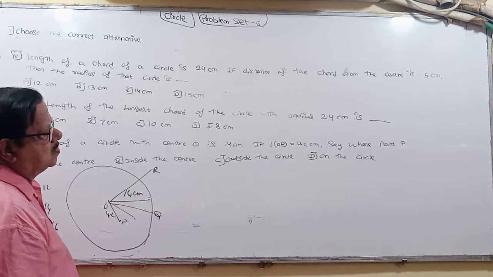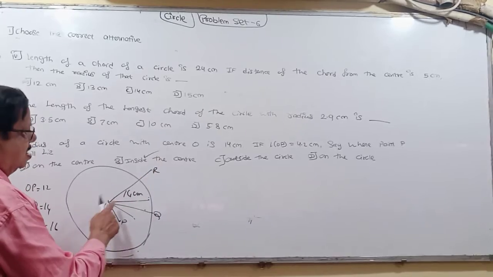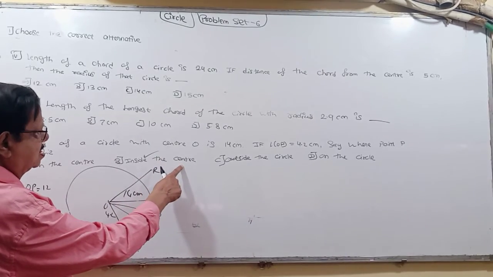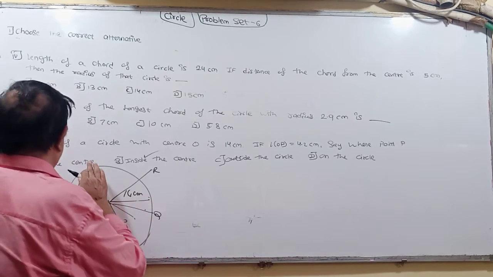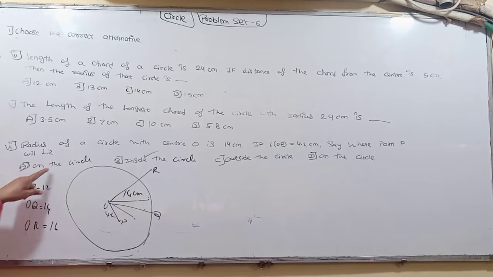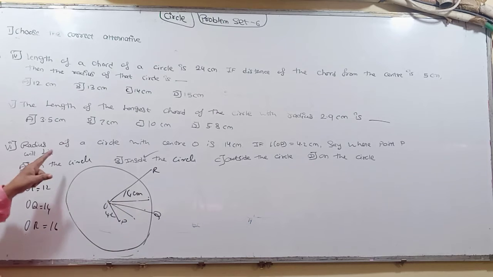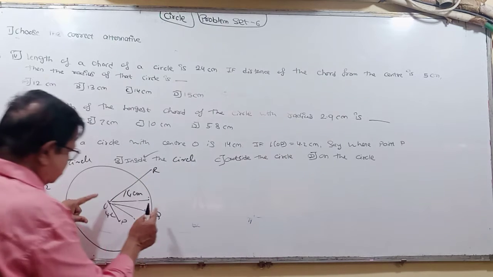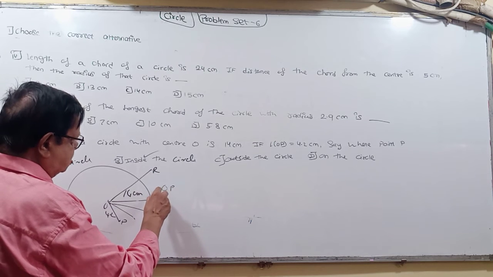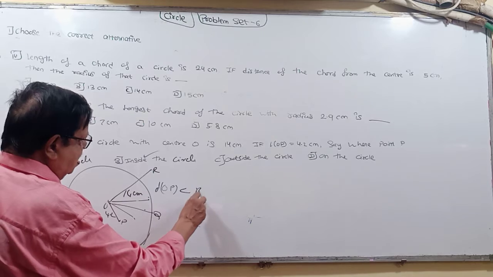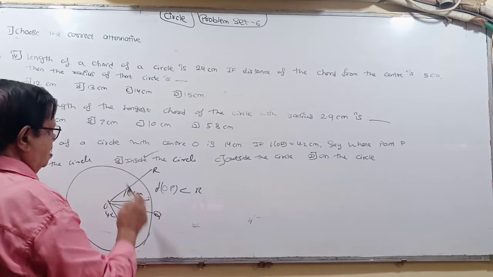So, say where the point P will be. सर्कल बोले तो इधर आएगा, then radius will be equal to distance. Distance is only 4.2, less than radius. See, distance OP less than radius. Therefore, P will be interior, inside the circle. So, okay.